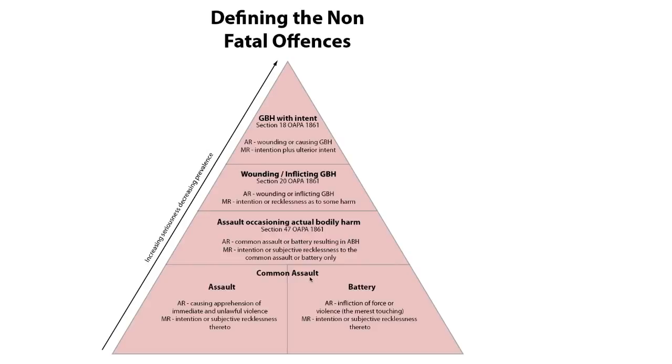And that leads me on to the next point, and that is that the non-fatal offences are both a mix of common law and statutory offences. And the dividing line for that is contained here, in which we see those offences that are below the line are common law offences, and those above the line are statutory offences.